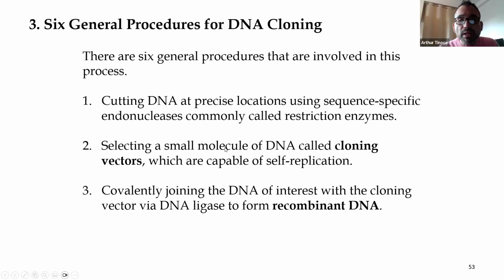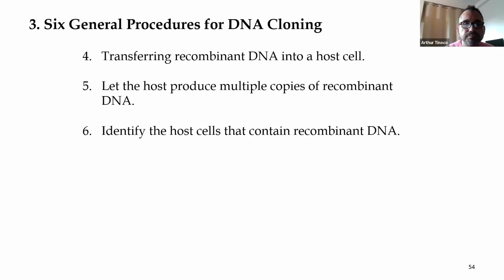Then selecting a small molecule DNA called cloning vectors, which are capable of self-replication. Then covalently joining the DNA of interest, what you've cut initially, with the cloning vector using DNA ligase to form your recombinant DNA. So that DNA is then going to be composed of your vector with the DNA of interest.